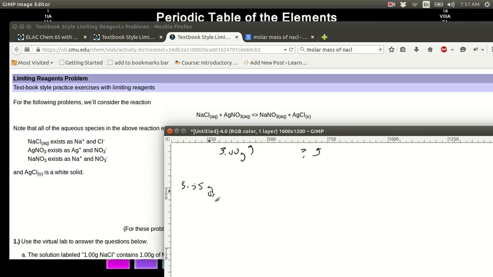I can do a similar calculation. I don't think you need me to do this, but I can do it. You know, it goes like this. It's going to be just the same thing.